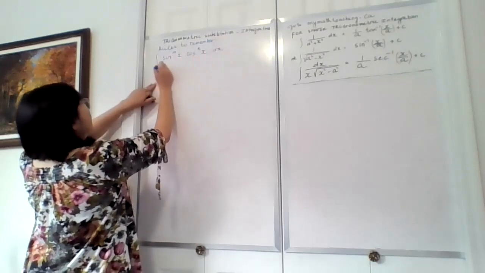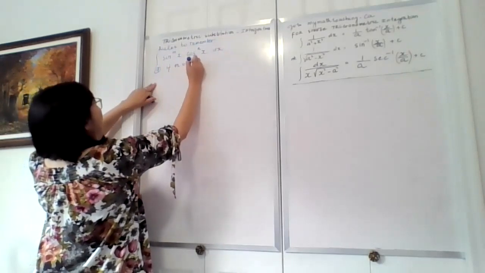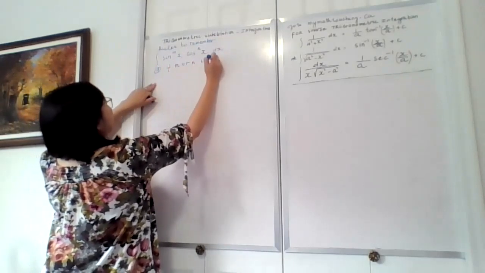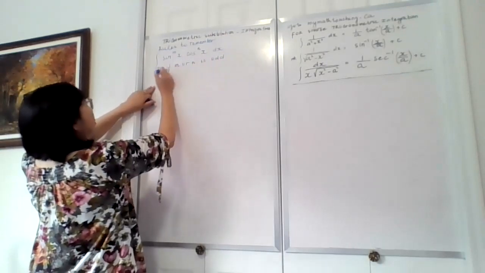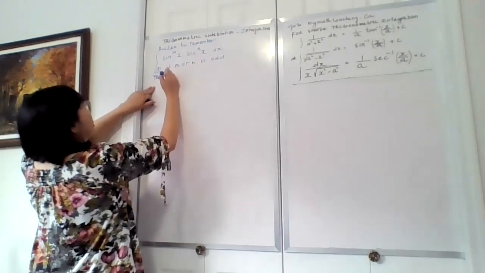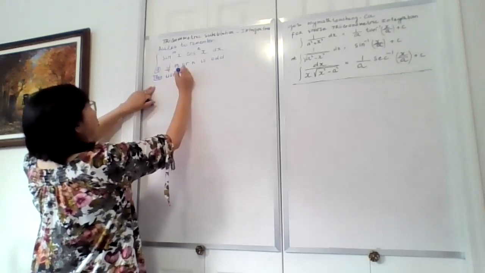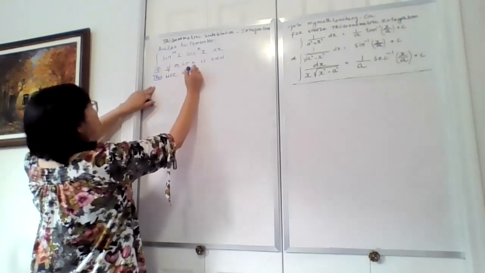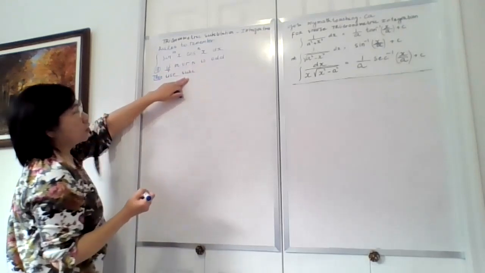My first tip is: if m or n is an odd power, then use substitution, and I put it in short form.